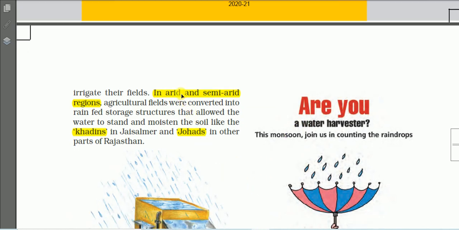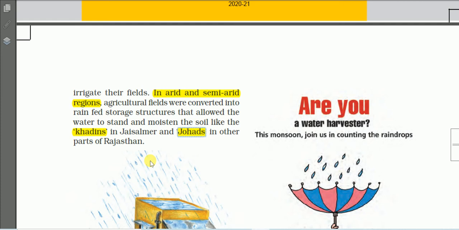Then in arid and semi-arid regions, mainly in Rajasthan, in desert and semi-desert areas, agricultural fields were converted into rain-fed storage structures that allowed water to stay and moisten the soil, like Khadin in Jaisalmer, then Johads in other parts of Rajasthan.